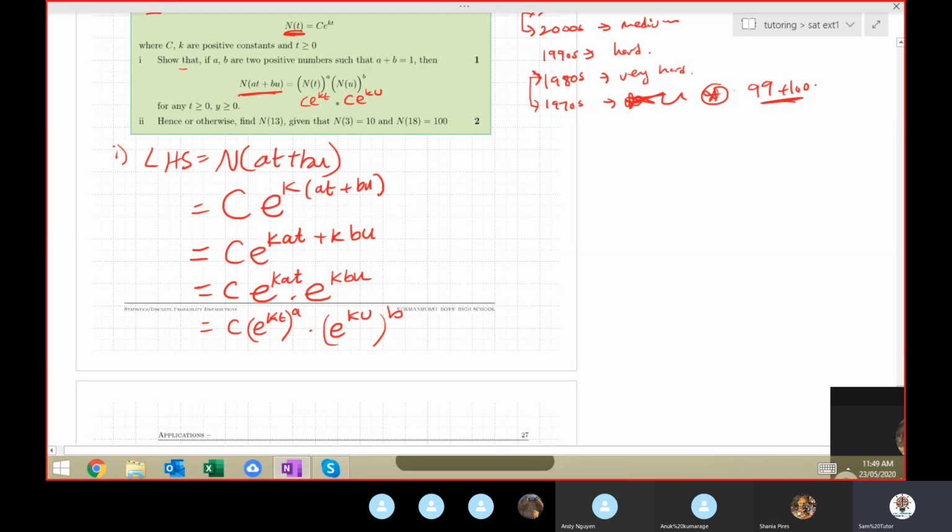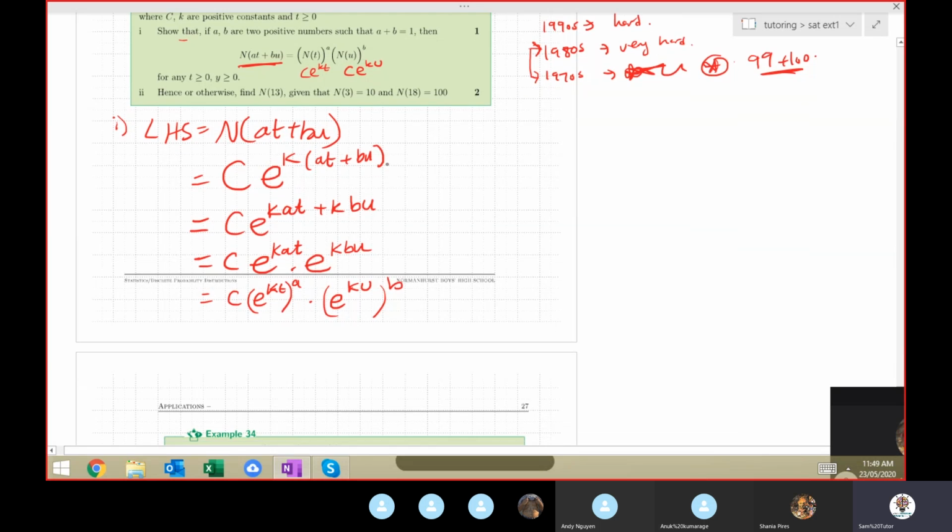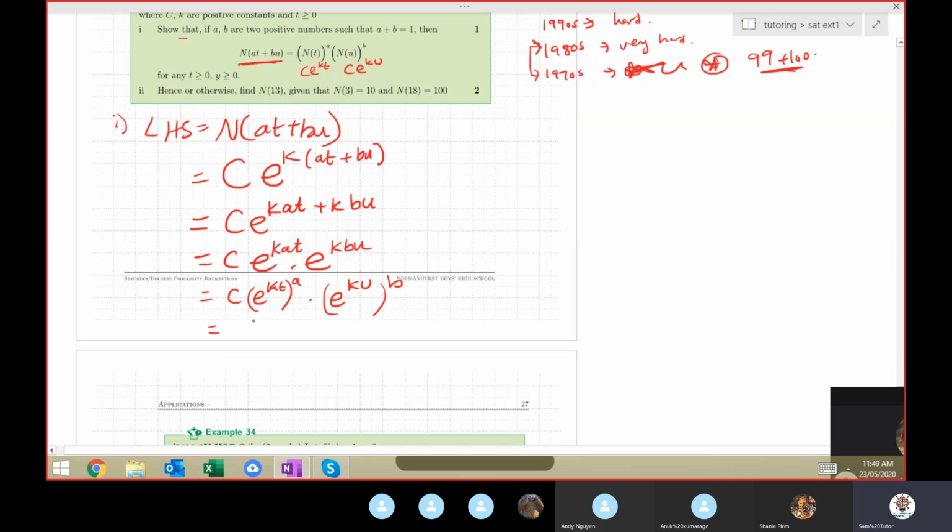You're like, but Sam, that's still not C. I agree. If I bring the C in, so therefore you would get C to the power of A, C to the power of B.